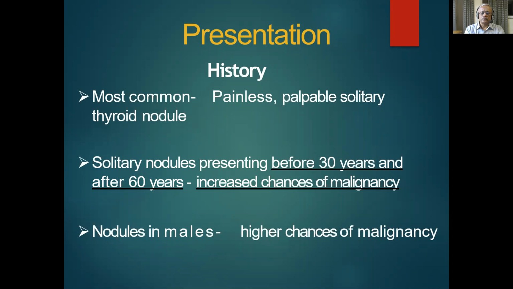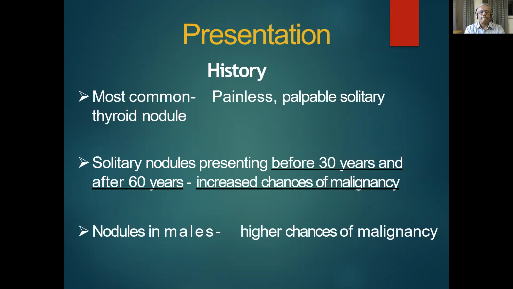Yes, correct. One more: tall cell, insular, and columnar variant. And if it is a papillofollicular neoplasm, which can be combined, the prognosis is slightly worse than a pure papillary neoplasm.